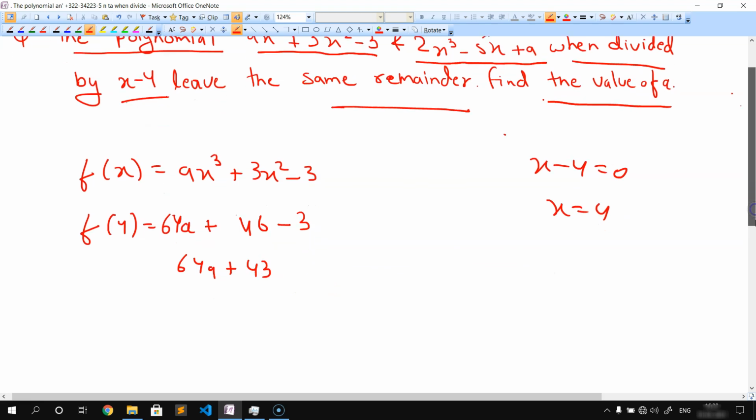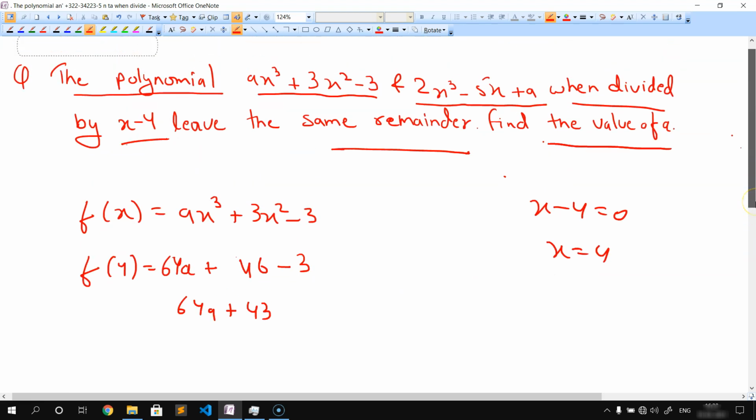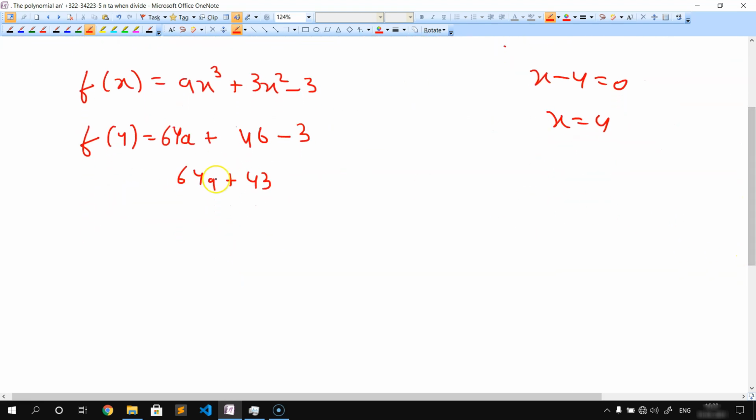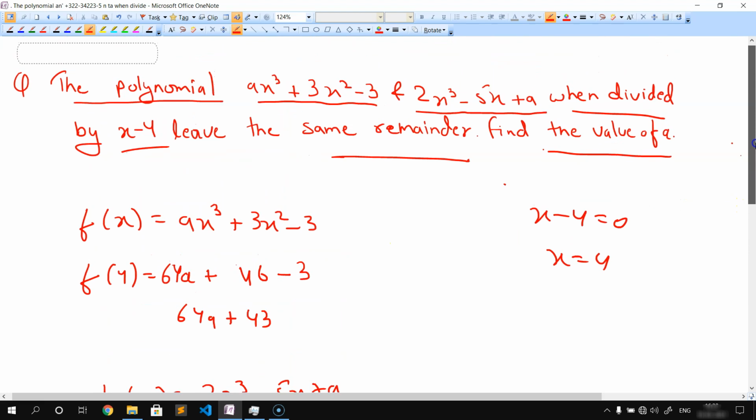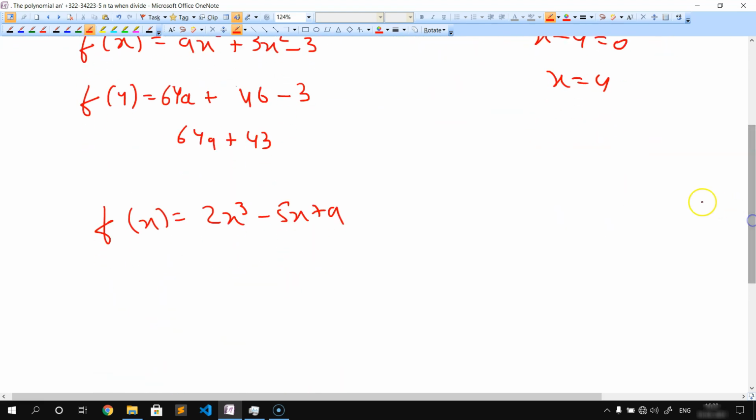And put the value of x in our second equation, which is 2x cube minus 5x plus a. So the value of x is 4.